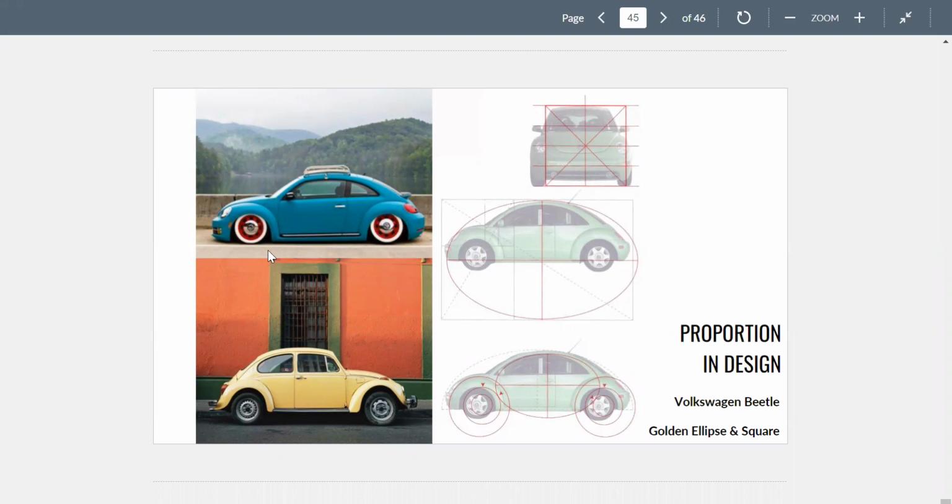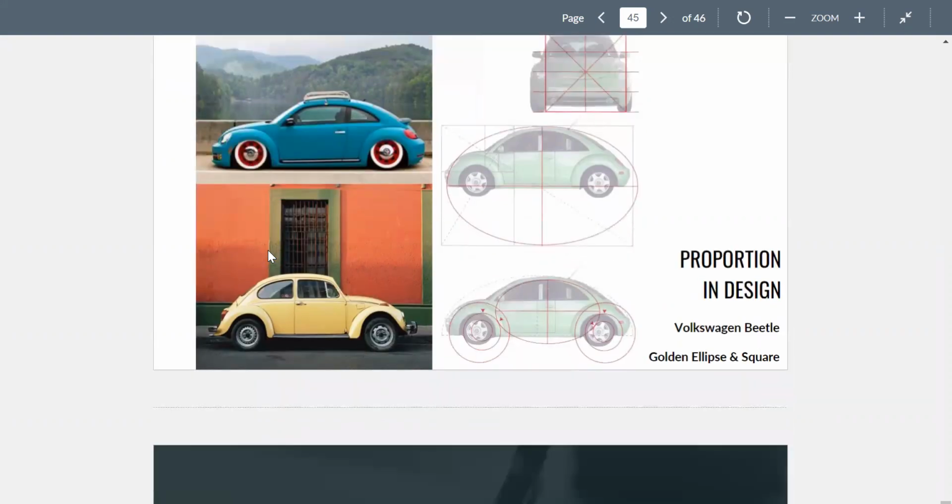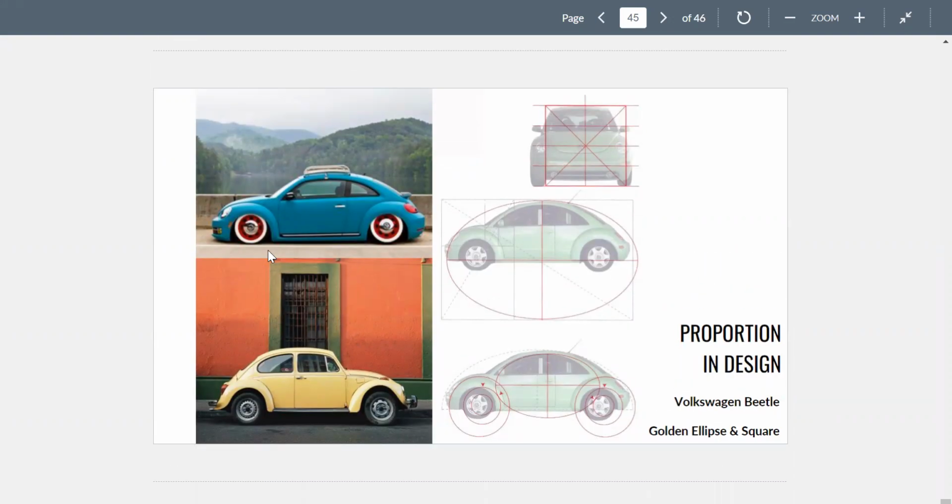So try to use these things in your design work. I'm not saying all the time go with these principles. Sometimes use your imagination also when you are doing your designs. It can be totally different, and that also makes your design more focused and more unique.